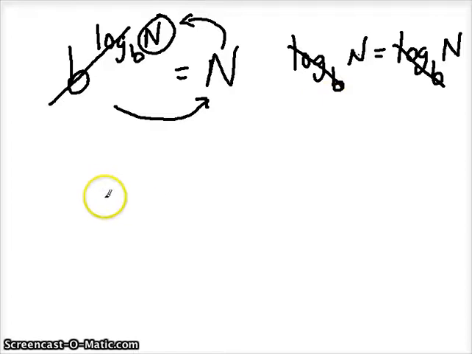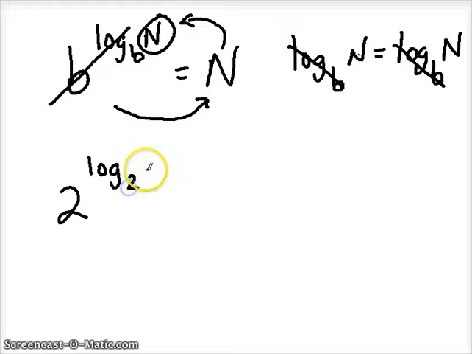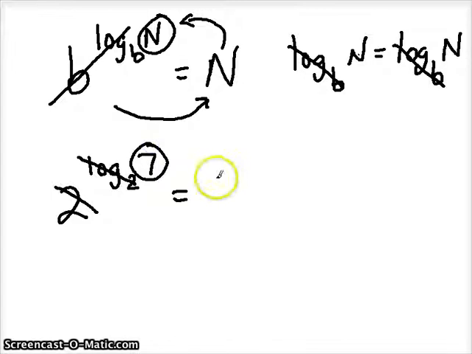So you might see a problem that looks like this: 2 to the log base 2 of 7 power is equal to something we don't know. Well, because the base of our exponent form is 2 and the base of the log form is 2, we ignore it and we know that our answer is just right here, 7.